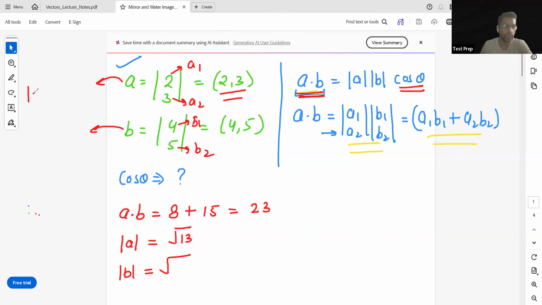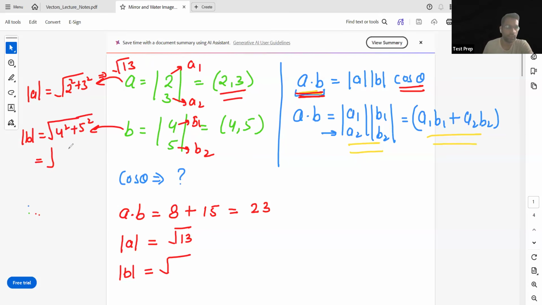So the magnitude of A is equal to under root of 2 square plus 3 square, which is under root of 4 plus 9, under root 13. And magnitude of B is under root of 4 square plus 5 square, which is 16 plus 25, under root 41, not 49.